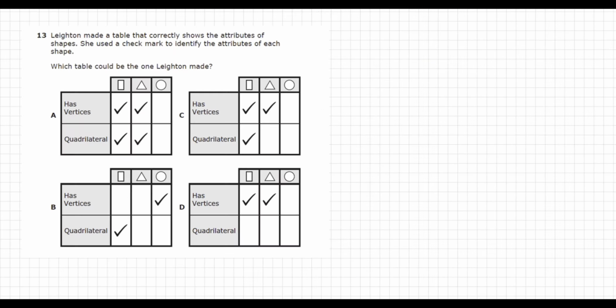Question number 13. Layton made a table that correctly shows the attributes of shapes. She used a check mark to identify the attributes of each shape. Which table could be the one Layton made? A is not correct because a triangle is not a quadrilateral.